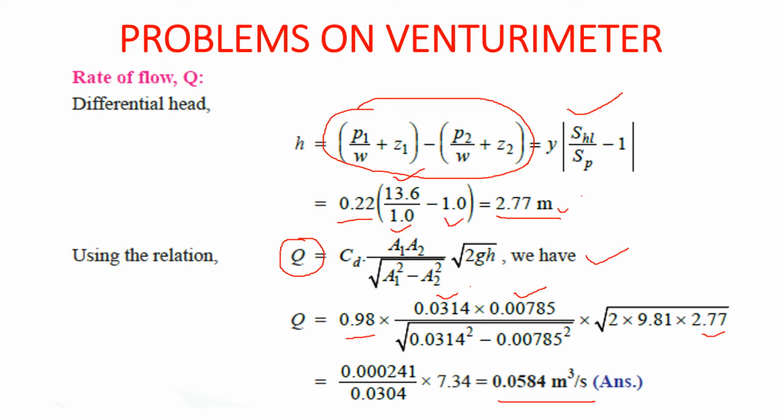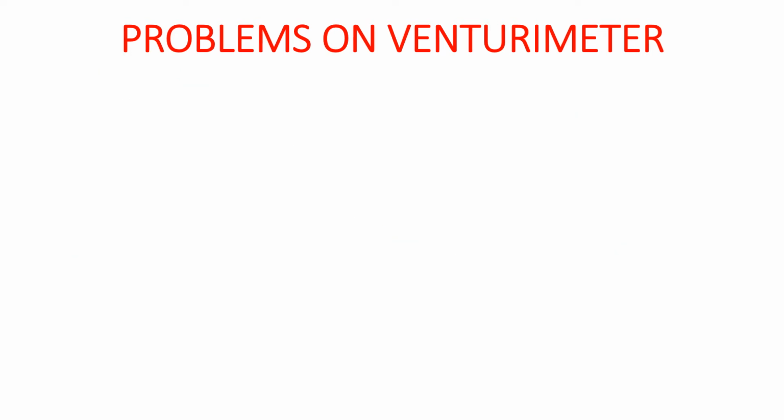In some problems, if the venturimeter is vertically installed, we will get these Z1 and Z2 values. These Z1 and Z2 values will be helpful for finding the solution when the venturimeter is installed vertically in a particular pipeline flow.